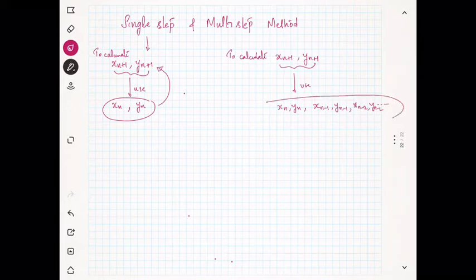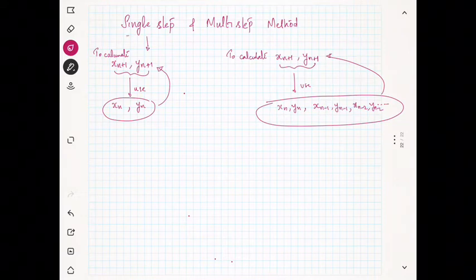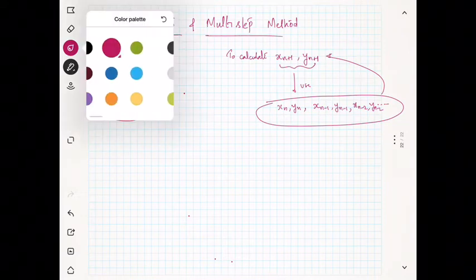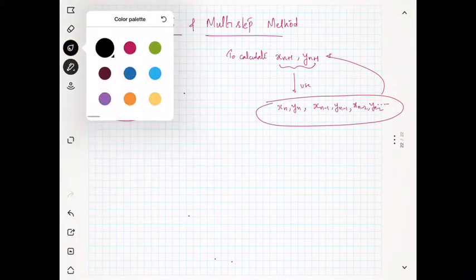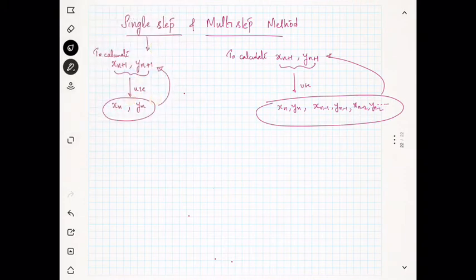So this is known as the single step and multi-step method. And another one you have seen, that is the explicit and implicit method, right?